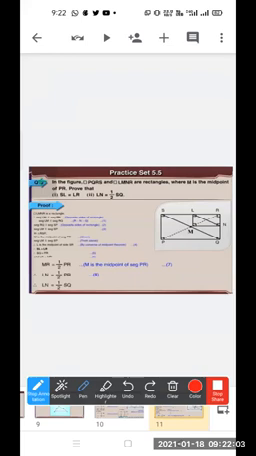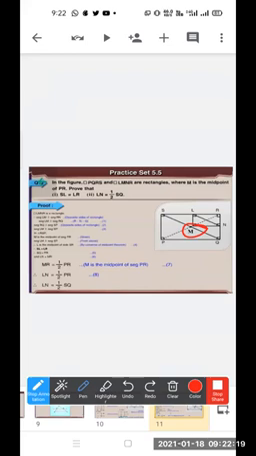Now see here, M is the midpoint of PR, so by the midpoint theorem, MR is half of PR.